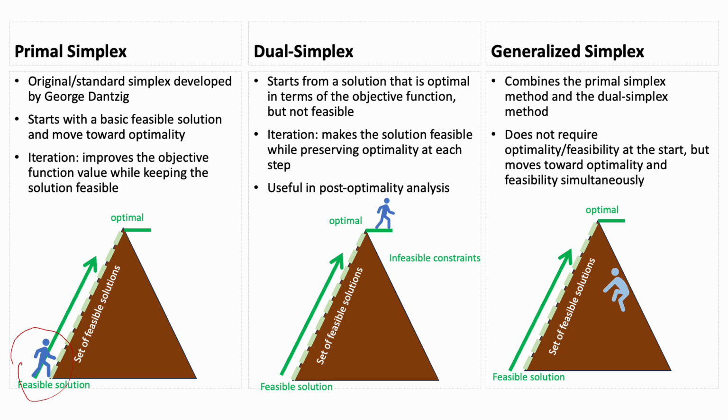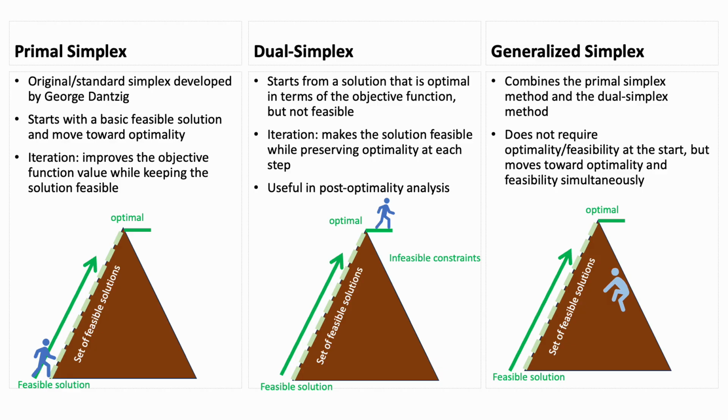The climber would start at the beginning of the trail, and then move towards the peak while keeping his footsteps within the safe walkable path, until he reaches optimality, or the desired peak.